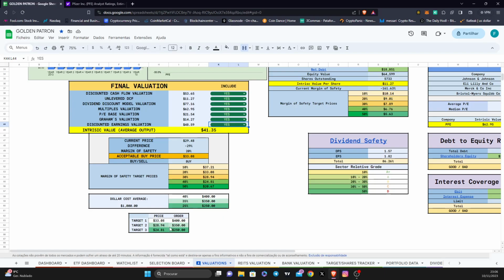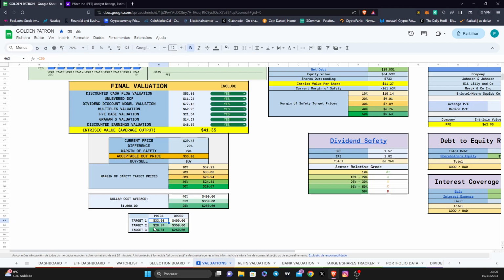So as you can see, I have this chart over here and my targets right here. My first target would be $33.08. I would put $400. My second target, if the price comes to $28.94, I will put $350.